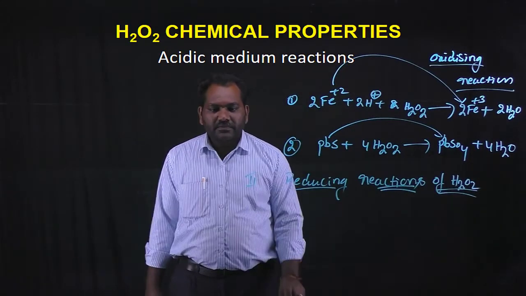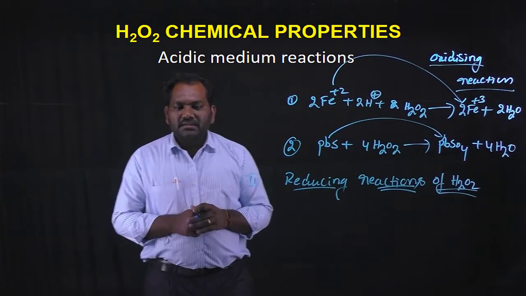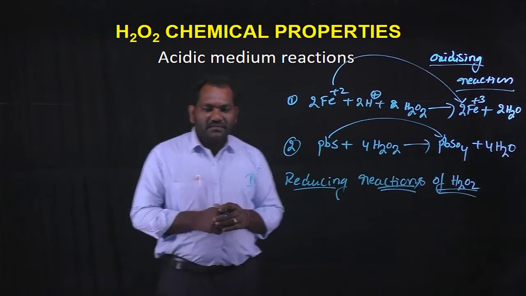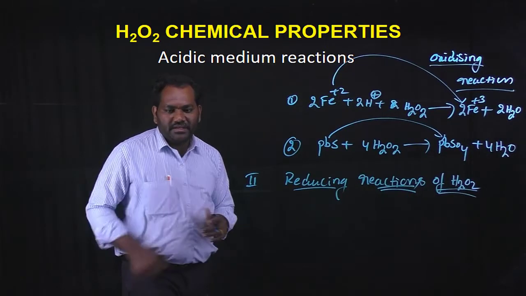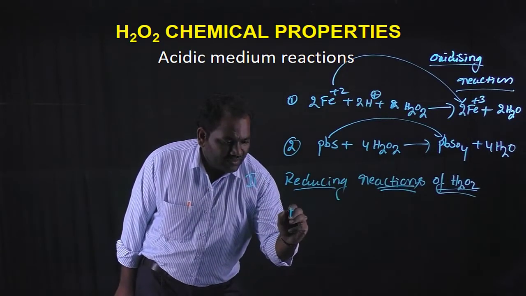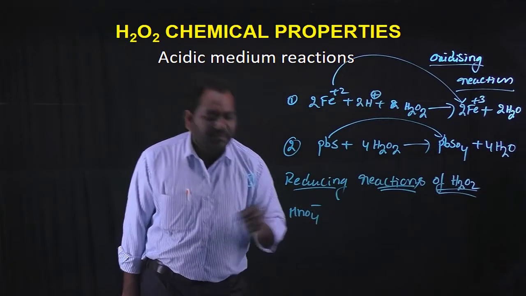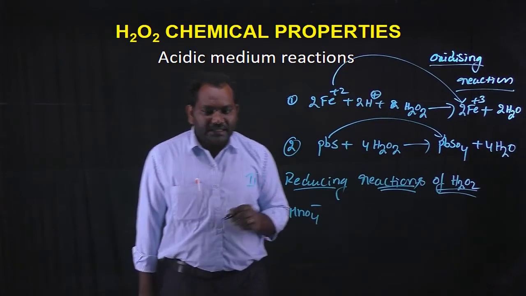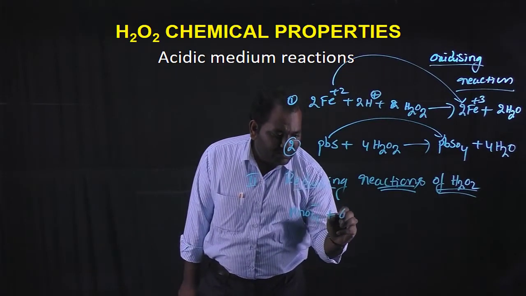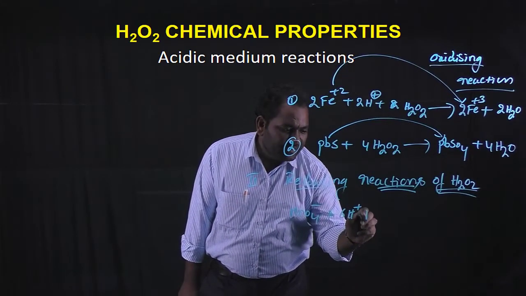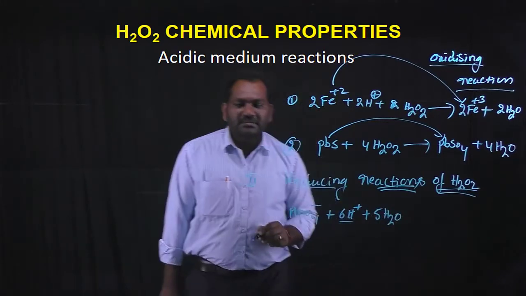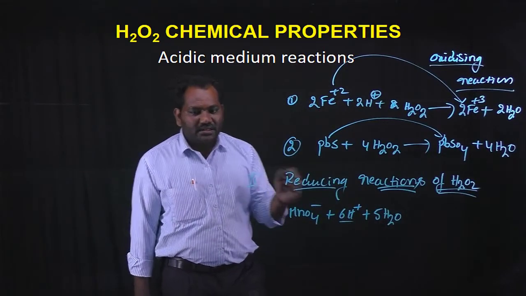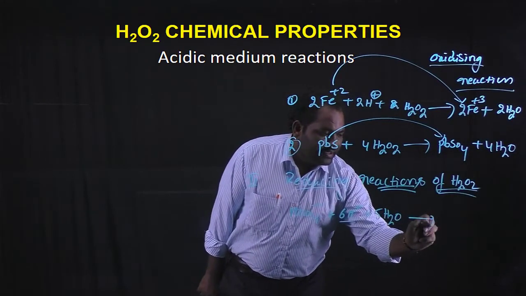Here the first reaction is the reduction of the permanganate ion, that is the MnO4 minus ion. This MnO4 minus ion undergoes reduction in presence of acidic medium, that is, in presence of H plus ions it is reduced to Mn+2.